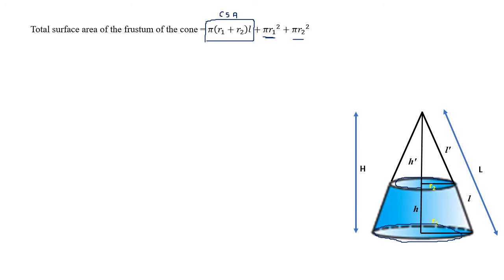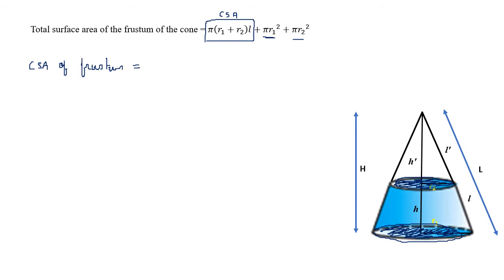So if you add the top circle and the bottom circle, but before that we will find out the curved surface area of the frustum. Again, curved surface area of frustum. How will you find it out?